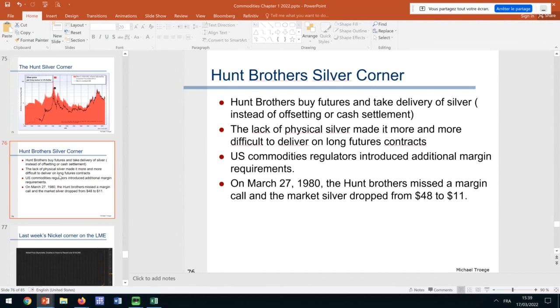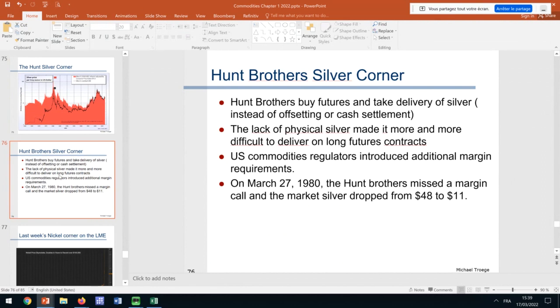If you speculate on a decrease, you sell silver contracts, which means that if nobody offsets these contracts, you have to deliver the silver. So the Hunt brothers bought all these silver contracts, and then they just waited until they were delivered.